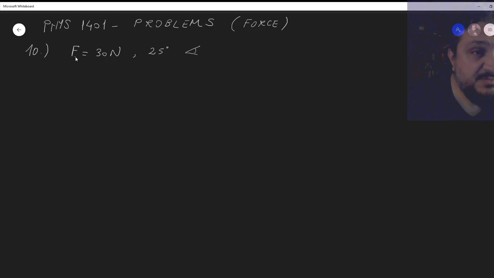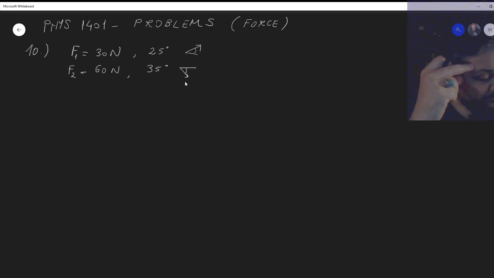So let's call this one F1 and his mother will be F2. 60 newtons directed at an angle of 35 degrees below the same horizontal. Okay, above and below the horizontal.